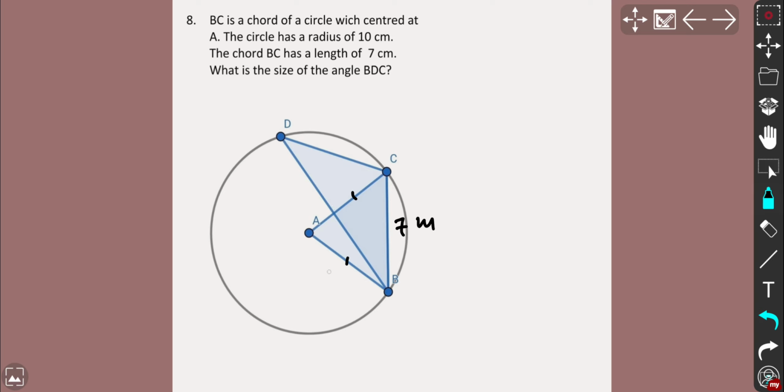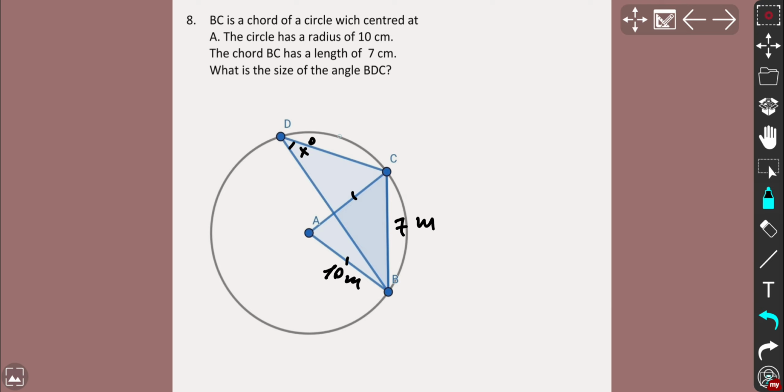So basically we have a triangle with all 3 sides now. What we need to figure out is the size of the angle BDC. Let's set it up as x degrees.